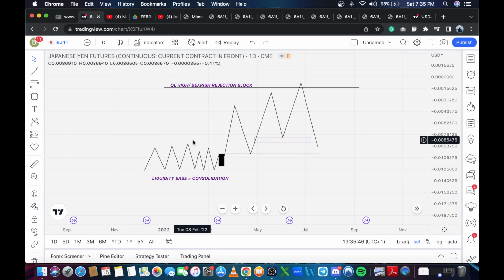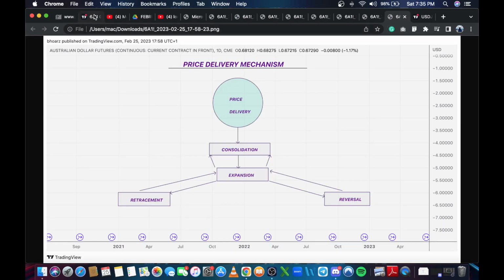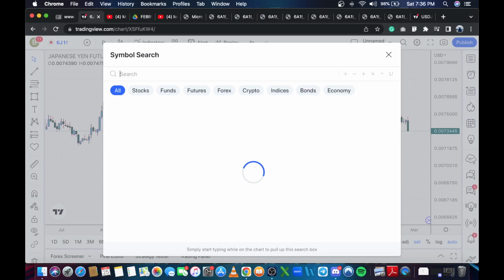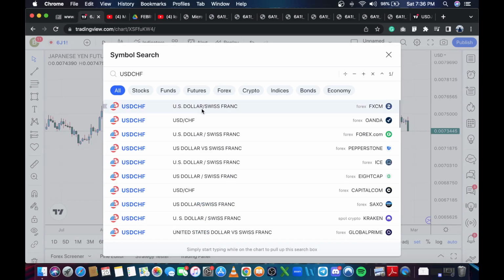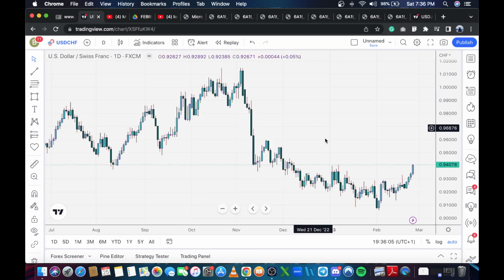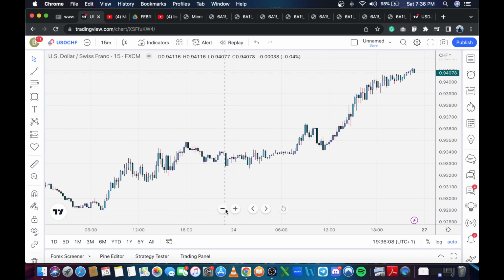So to view that conceptually, let's see, I think it is USDCHF. We're going to go down to a lower time frame on this pair.